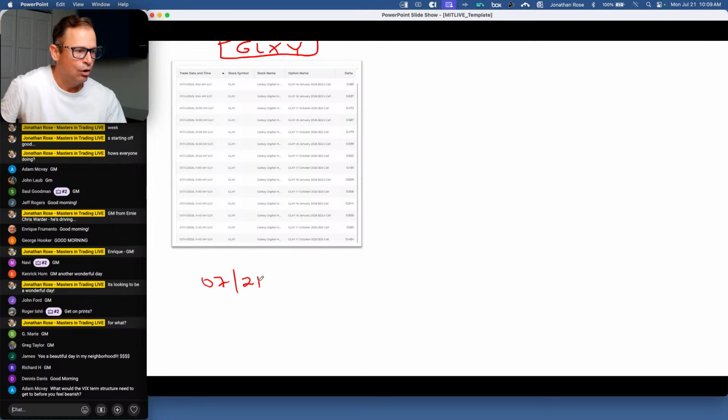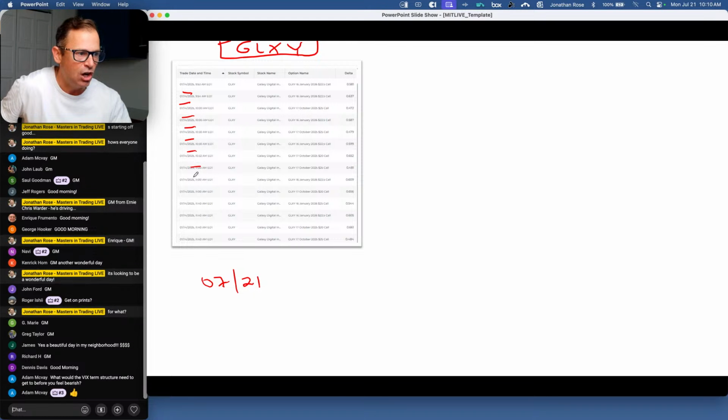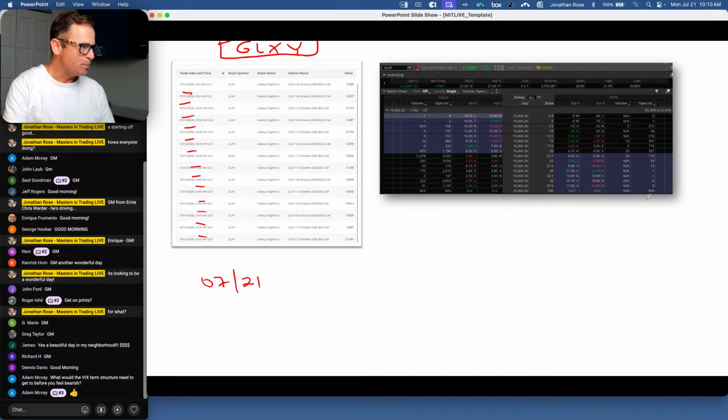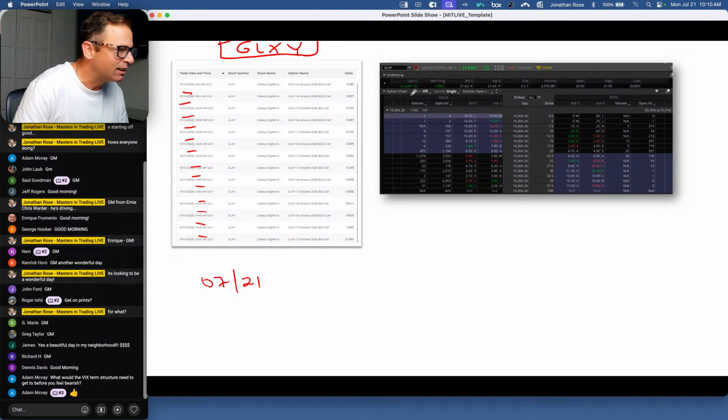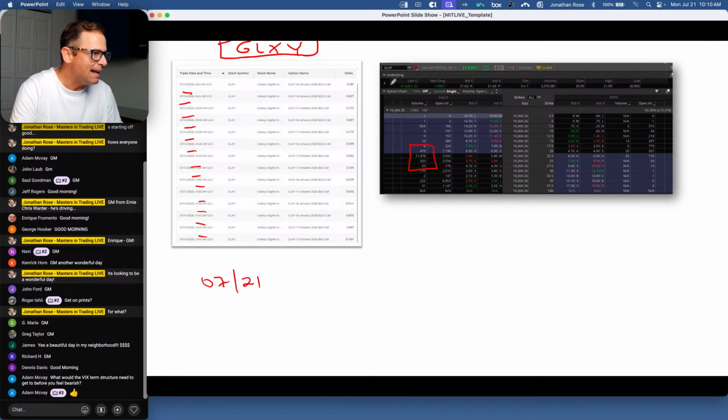Well, look, 0714, which was last week, we saw just obnoxious, unusual option activity in GLXY. Here is the exact trade that we were seeing. An 11,000 options trade. And at that time, GLXY was trading last week 21.62.